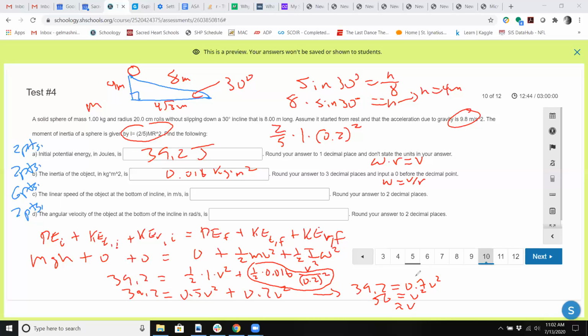Square root it. So you have 7.48 meters per second. Then to get the angular velocity, just divide by r.